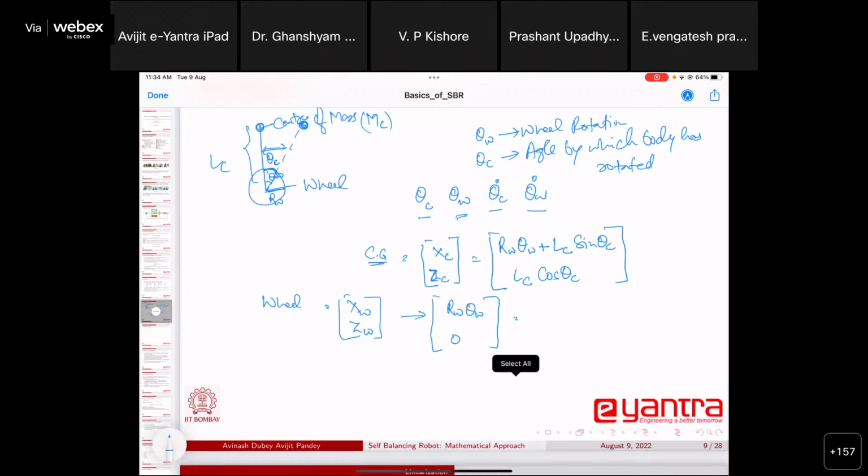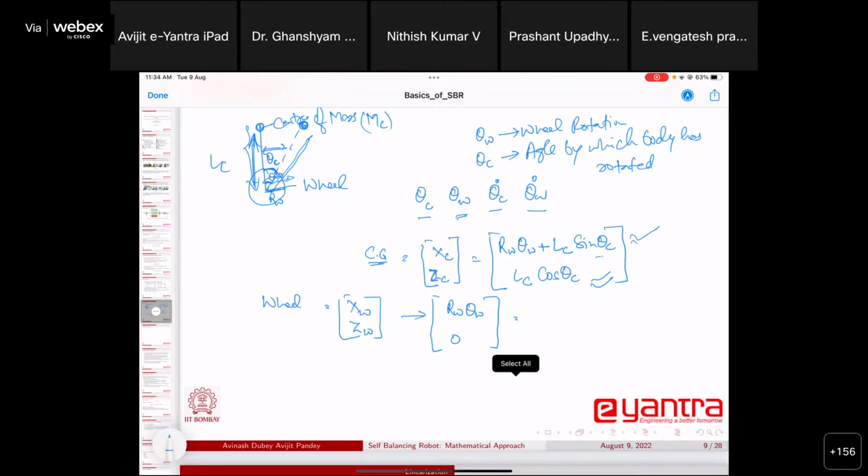That is given by L cos theta. This is the vertical direction, right? L cos theta is your Z distance, and L sine theta is the X component. But apart from this L sine theta, it has also moved because of the wheel, because the wheel has moved forward, right? And how much has the wheel moved? The wheel has moved theta R, the arc made by the wheel if it rotates by theta, right?